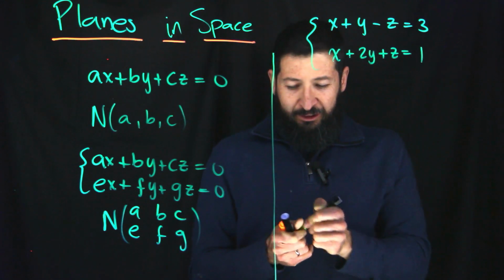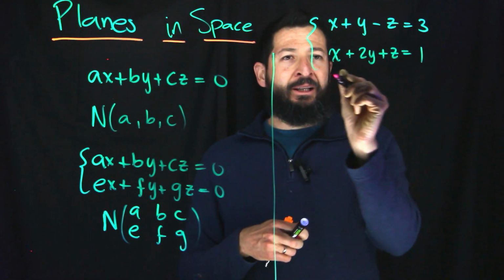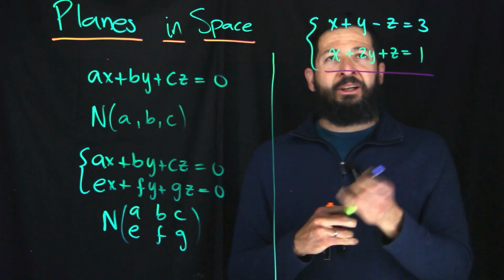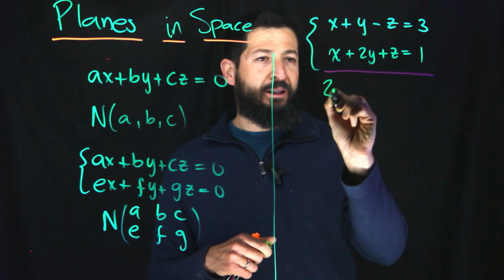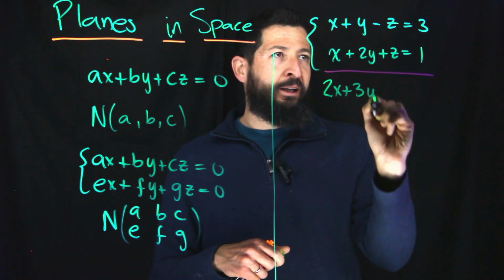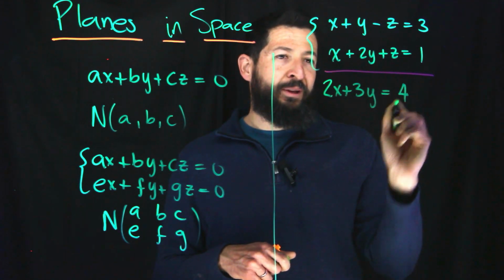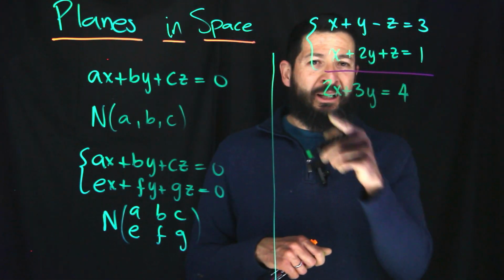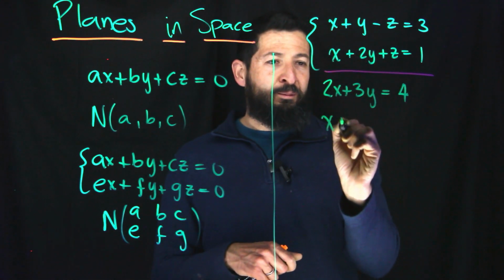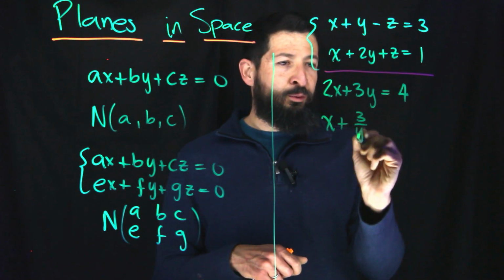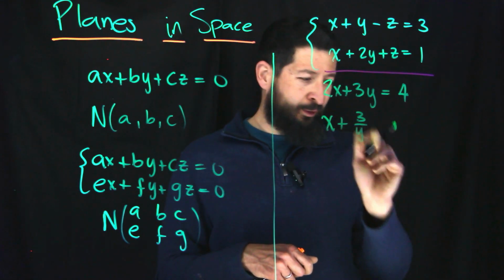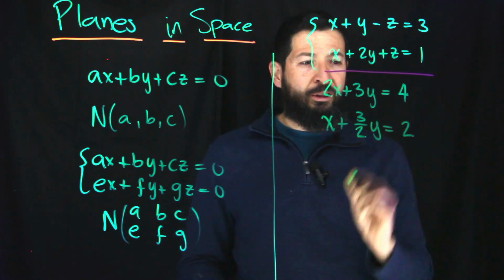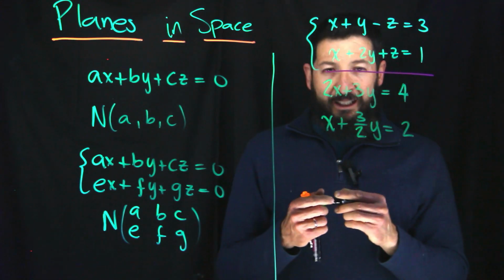So you can do elimination, and you start by adding these two equations, and then you get 2x plus 3y is equal to 4. I didn't even help myself by doing something nice, but then I can divide by 2 and I have x plus 3 halves of y. Oh, 3 halves of y, and I put 3 over y. Let me erase. 3 halves of y equals 2. So I can divide by 2, and I can obtain that equation.